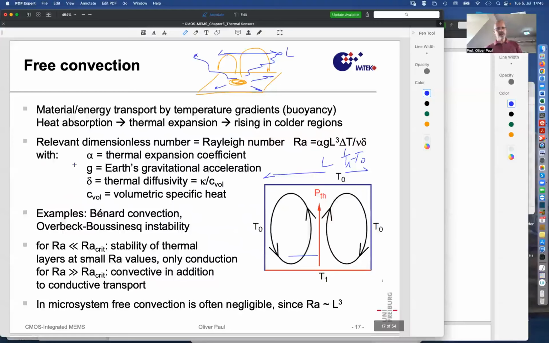So in microsystems, free convection is often negligible because the Rayleigh number is proportional to L to the 3. And when I was a postdoc, we asked ourselves these questions about these newly developed gas flow sensors of Felix Meyer. Is there free convection? And so, okay, let's test it. Heat it up, and let's measure the temperature.